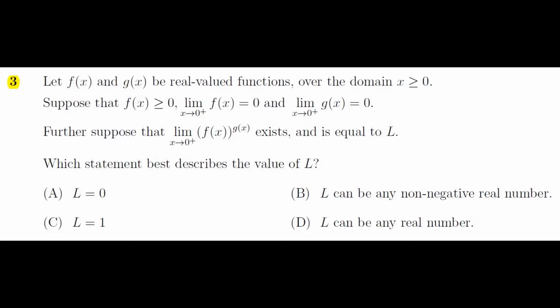Further, suppose that the limit as x goes to 0 from above of f(x) to the power of g(x) exists and is equal to L. Which statement best describes the value of L? So we've got A, L is equal to 0, B, L can be any non-negative real number, C, L is equal to 1, and D, L can be any real number.